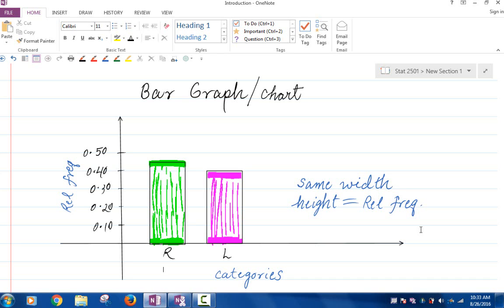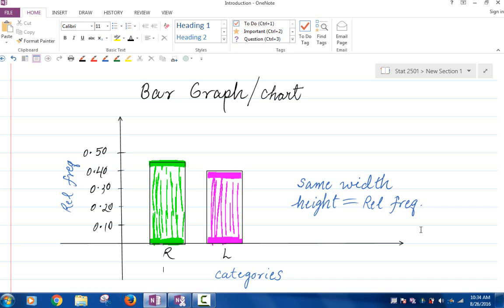For each category, actually I didn't put the third category here, but you could also put the third category, you draw a rectangle, and the height of each rectangle is the same as the relative frequency of the corresponding category, and they all have the same widths, only the heights are different. Is that making sense? So you pick rectangles of the same width for each category.